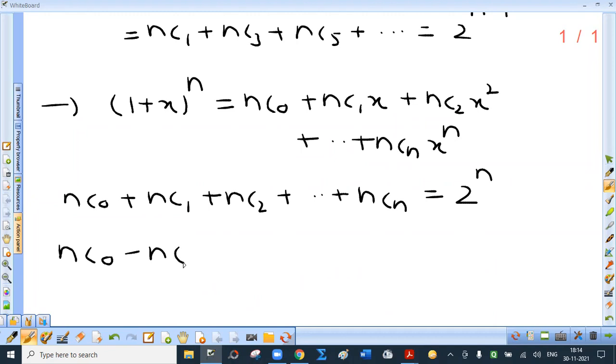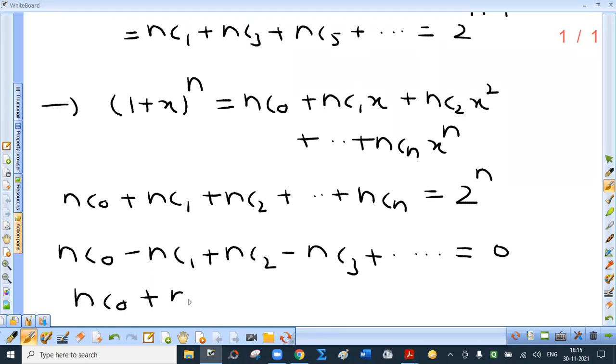NC0 minus NC1 plus NC2 minus NC3 plus dot dot equals. Now here if I put x equal to minus 1, 1 minus 1 equals 0. 0 raised to n, that is 0. You will notice that odd binomial coefficients are negative. So we rearrange the terms.